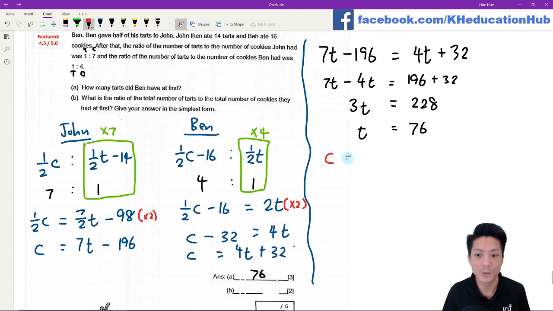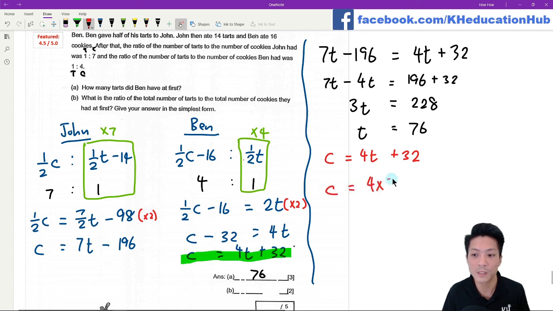We know that cookie is equals to 4 tarts plus 32, from over here. So the cookie is equal to 4 times 76 plus 32.